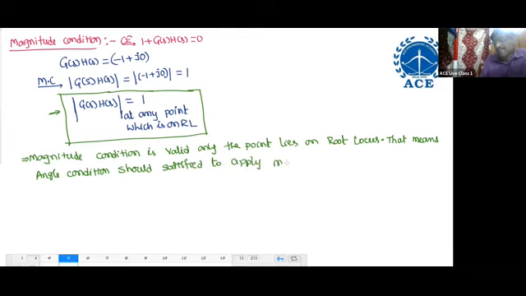When you want to apply the magnitude condition, first we need to verify the angle condition.